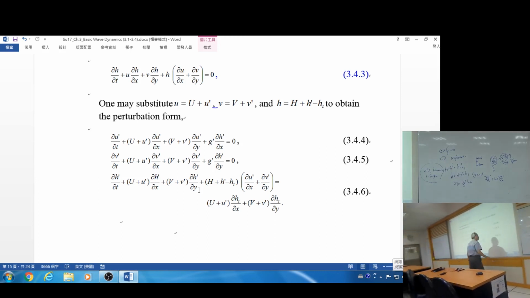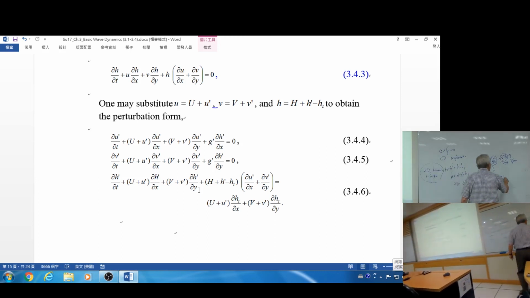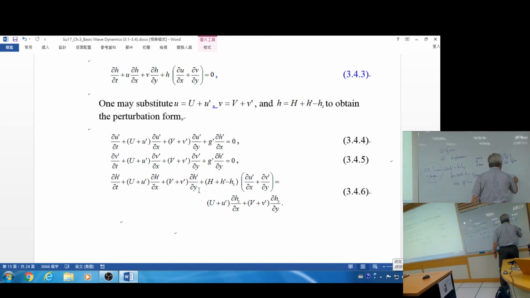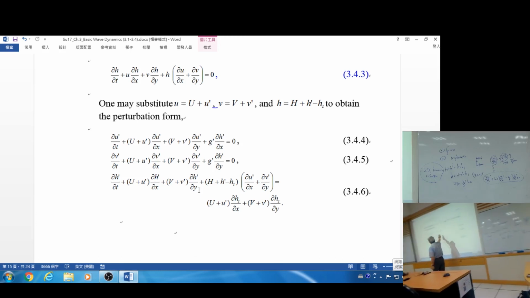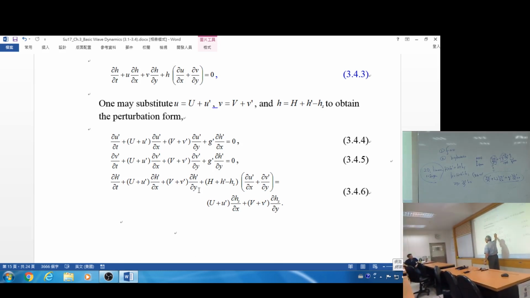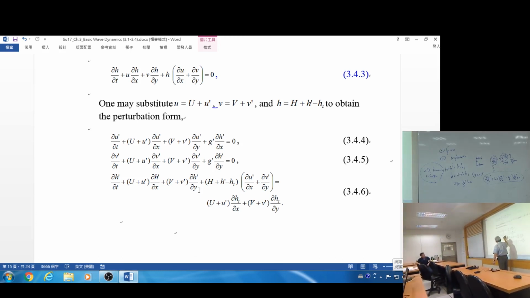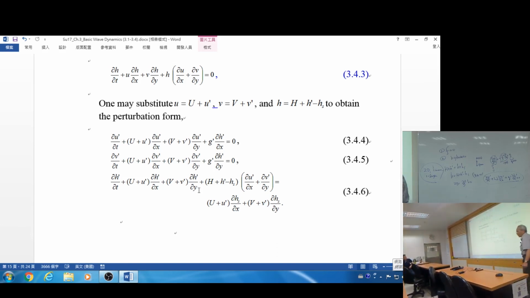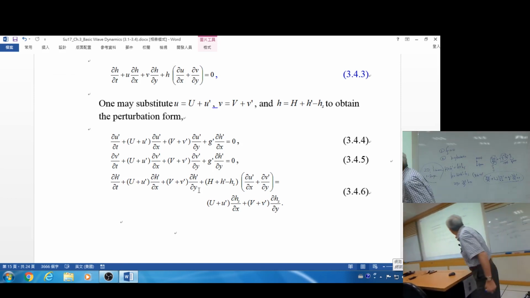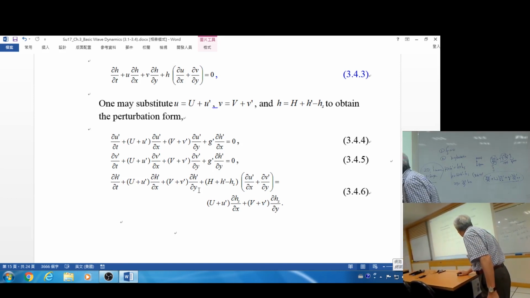We keep this term plus g prime dh prime dx equals to 0. And only this one equals 0, and this goes. That means v prime will be constant.